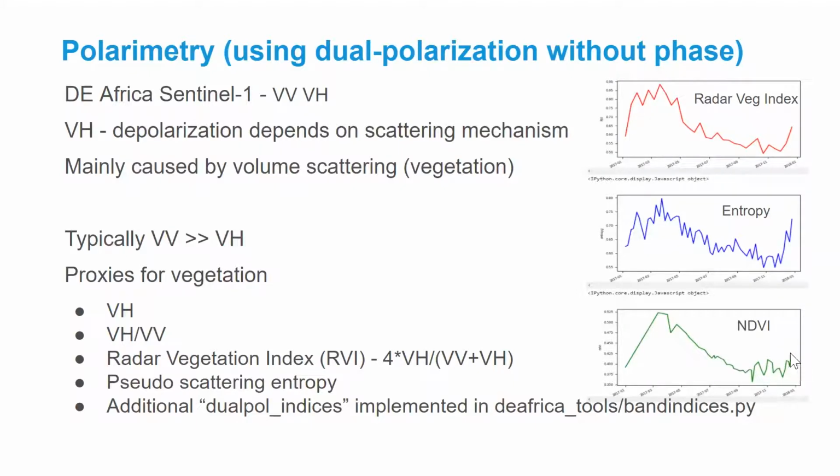Of course, NDVI is measuring optical spectral response, so this is actually measuring very different things. But because this usually corresponds to, say, leaf or grass growth, it's correlating with the radar vegetation index. And when you have more grass or more green structure, you also tend to have more structure that gives you higher radar backscatter.